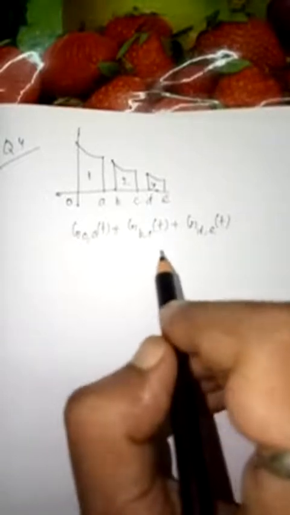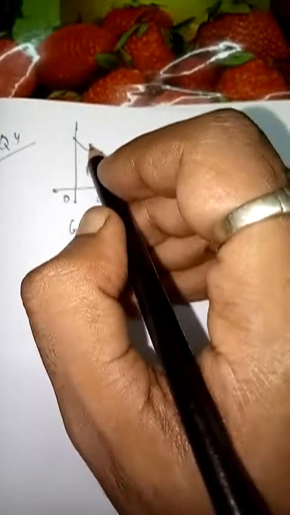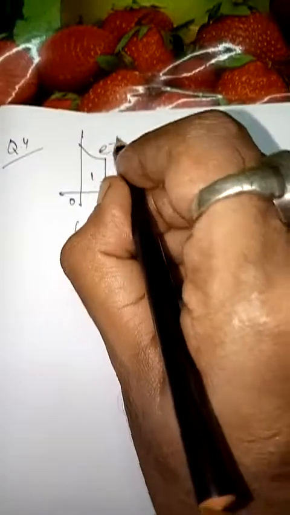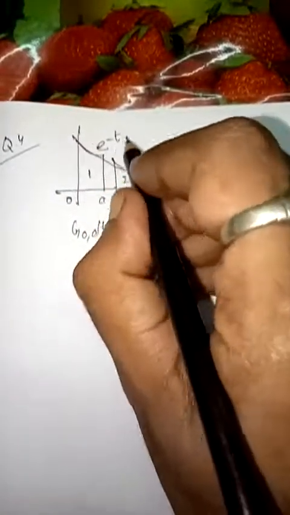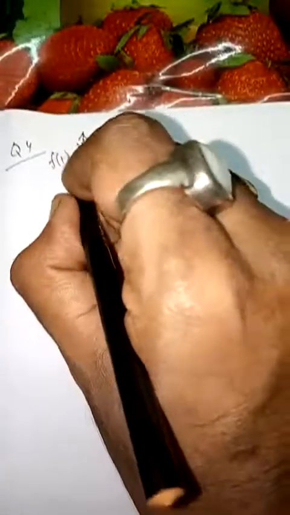These three are the gate functions, which are multiplied by the function, which is perhaps given as e to the power minus t. It is given in this question. So this is f(t).